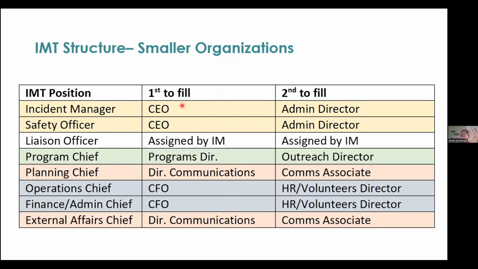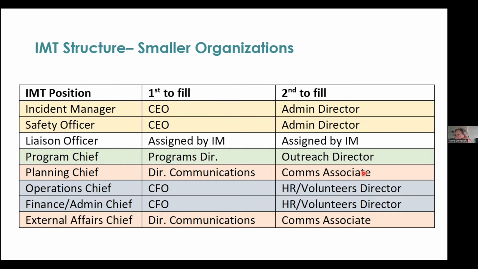And that your CEO says, you know what, if we need a liaison officer, we're going to assign it during the event. And that's a perfectly good way to go. Here you have 4 people that are part of your solid team, and you have some backups. You have an additional four teams. So this would work for maybe an organization of 15 to 20 or more.